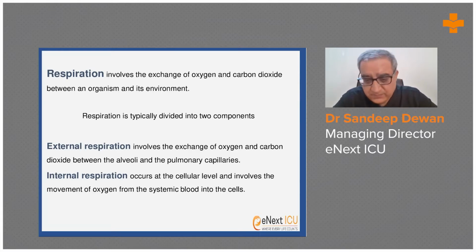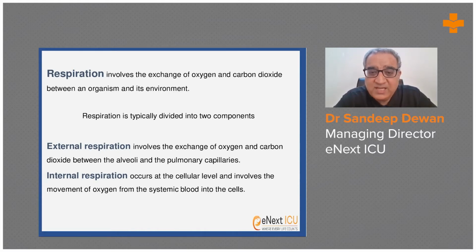What is respiration? As per the definition, it involves the exchange of gases, oxygen and carbon dioxide, between the organism and the environment. We have learned in physiology in second year of MBBS that there are two types of respiration: external and internal.